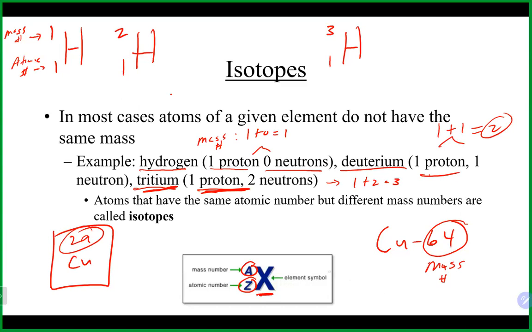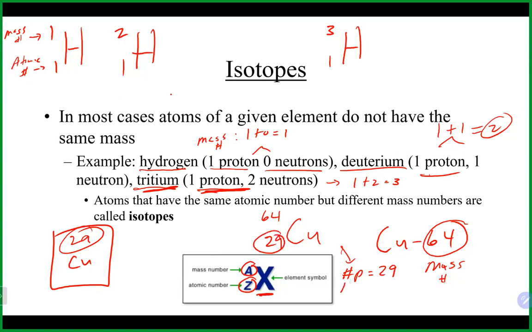So if we were to write this the other way, copper with 29 on the bottom and 64 up on top would be the way that we would write the isotope for this. That would mean this copper has number of protons would be how many? 29, which would be the atomic number.